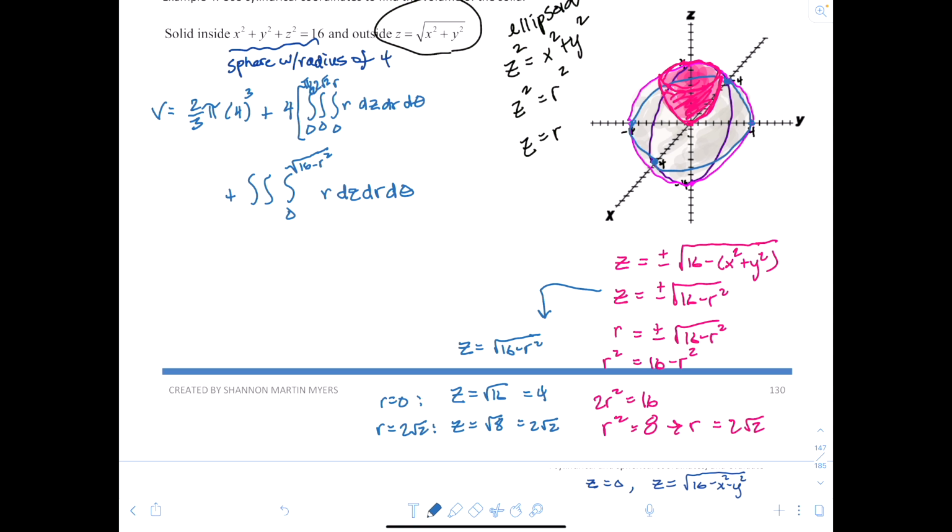So basically, on this one, you're taking r to the sphere.